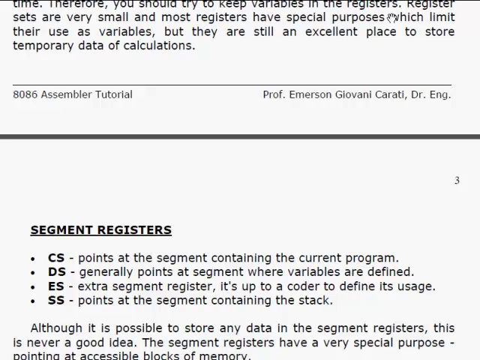It's basically an overview. The DS, the data segment, usually points at the segment where the variables are defined. You will know it in more detail when you do some assembly language programming and see exactly how these registers operate and their usages.